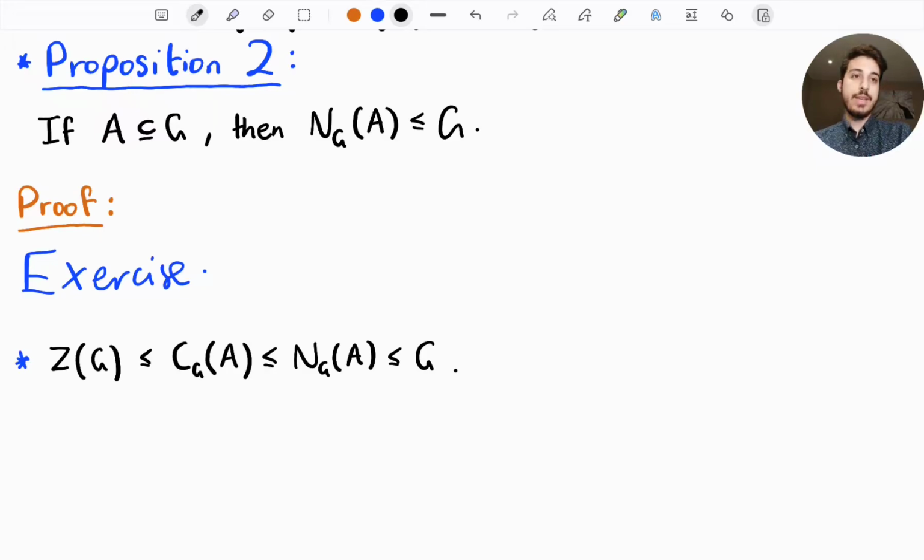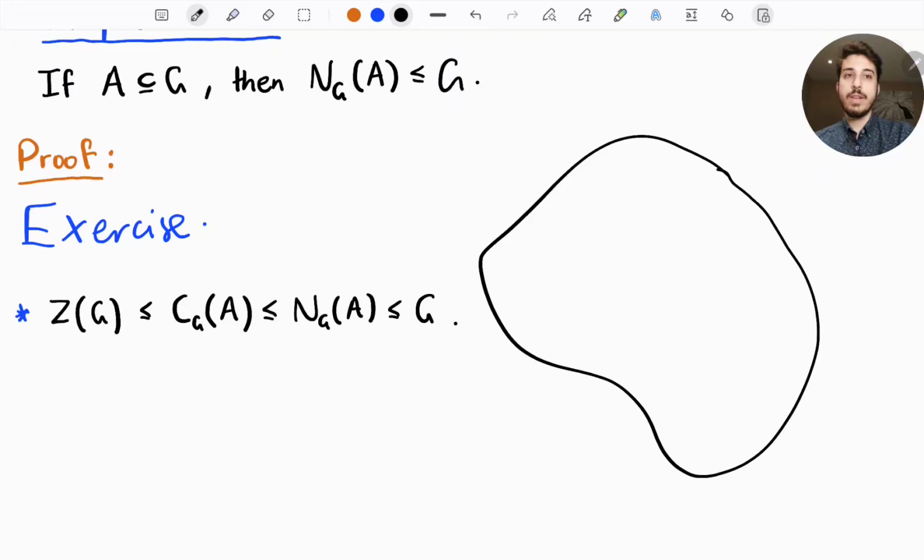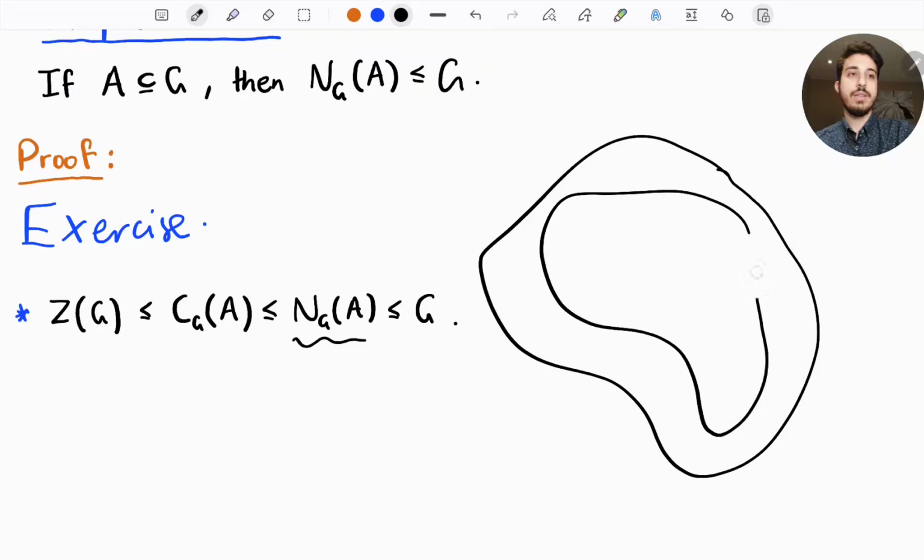And the last thing to say is that if G is the entire group like that, then the normalizer would be something like the second biggest.